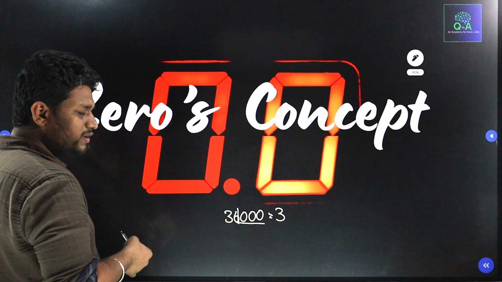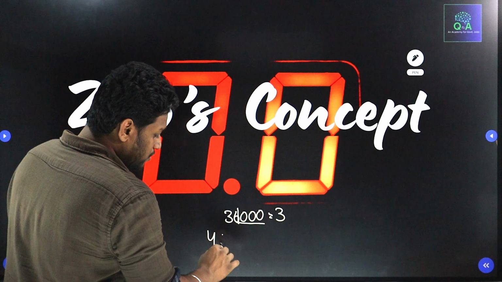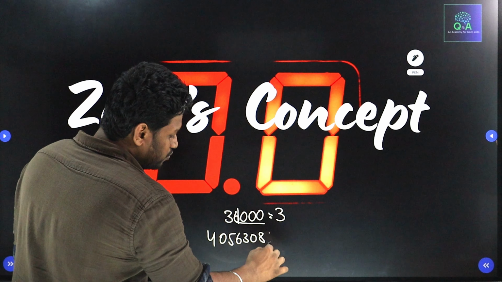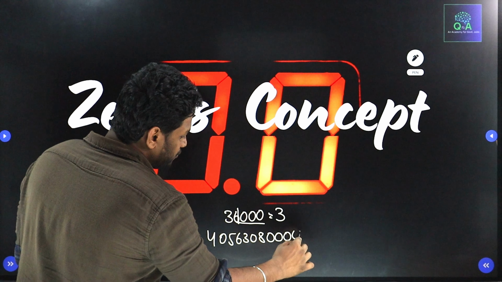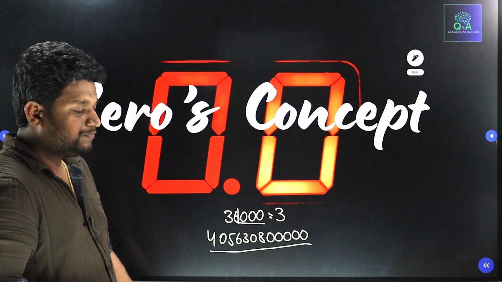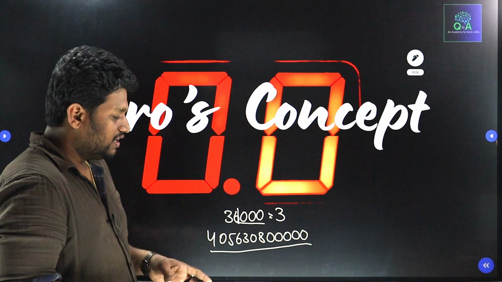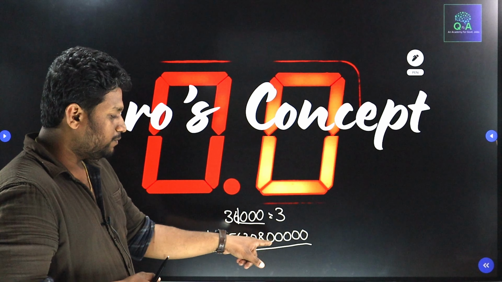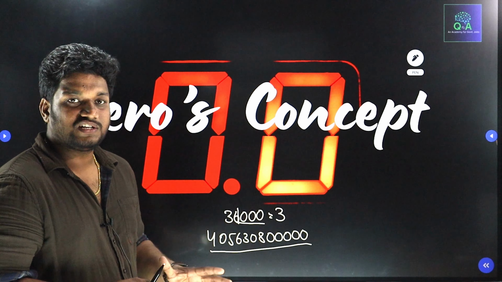Okay, now let me write one more question also. 40563081234. In this, you have to tell me how many trailing zeros I have. In this total, how many zeros do I have? If I consider 1, 2, 3, 4, 5, 6, 7, I have 7 zeros.